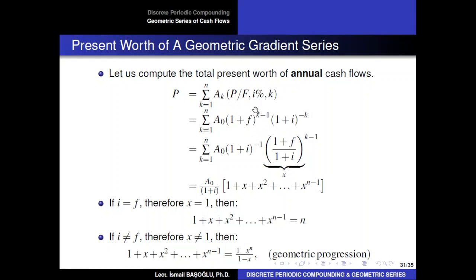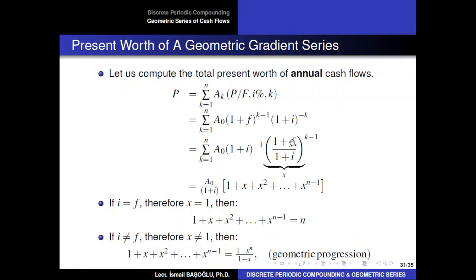Okay. Now, instead of writing 1 plus I to the power minus K here, I am going to multiply this by 1 plus I and divide it by 1 plus I. So I am just going to add one additional 1 plus I here as a multiplier, and I'm going to divide it by 1 plus I again.